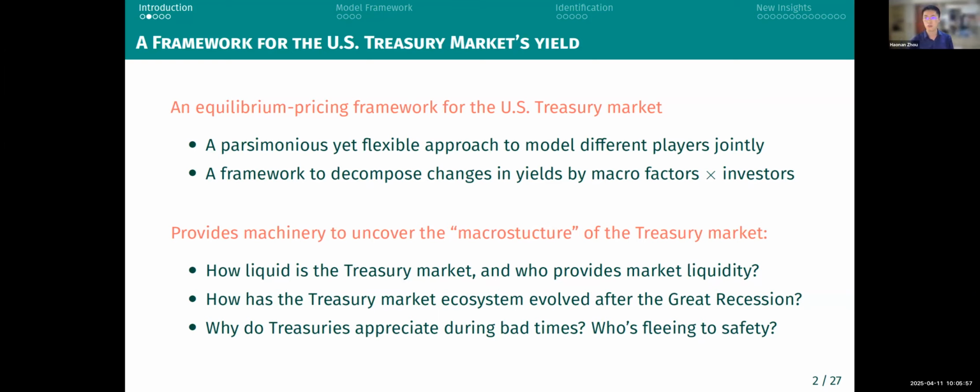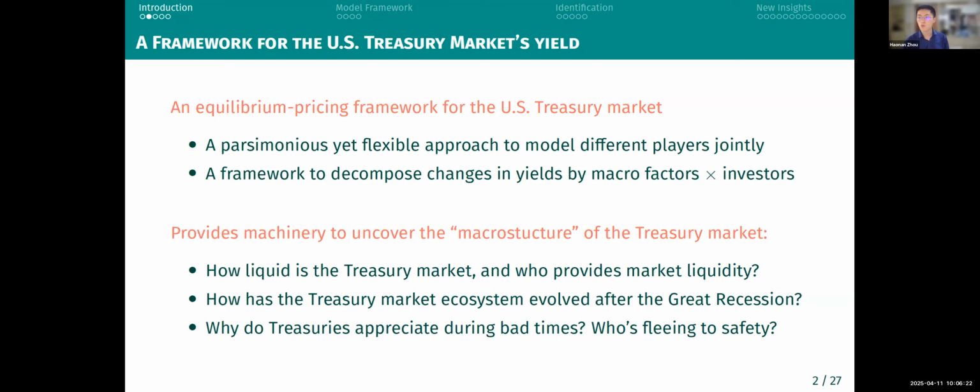Everything is linear, so the investors' demand is a linear function of prices and demand shifters, as well as idiosyncratic shocks. But we leave a lot of the parameters very flexibly specified, so that we can offer a rather parsimonious, easy-to-estimate, yet very flexible approach to model different players' dynamics jointly.